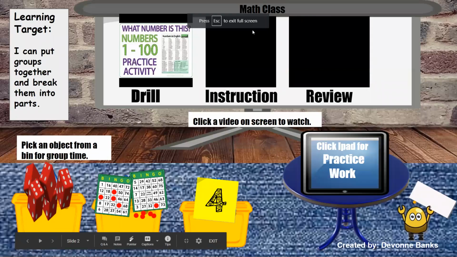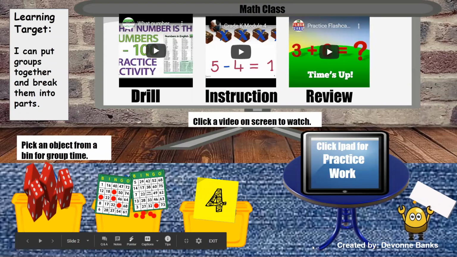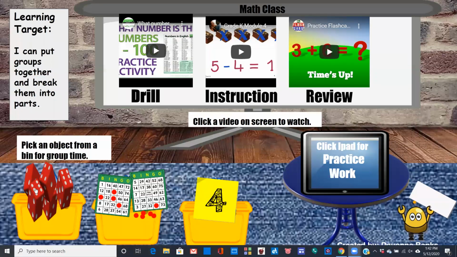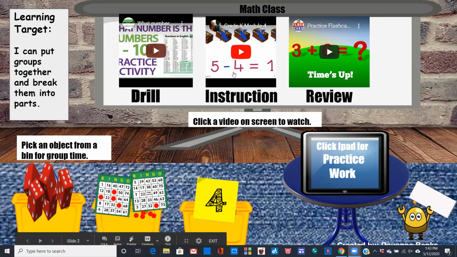Okay. Here is my math class that I set up. And I have my learning target. I have 3 videos that I've added for drill instruction review. And then the directions for the student, click a video on screen to watch.